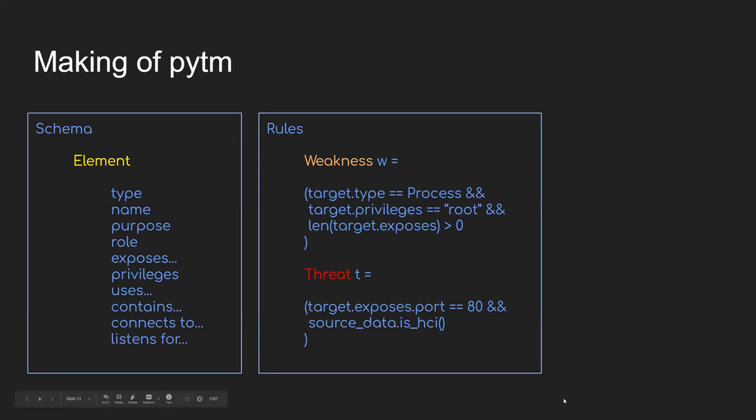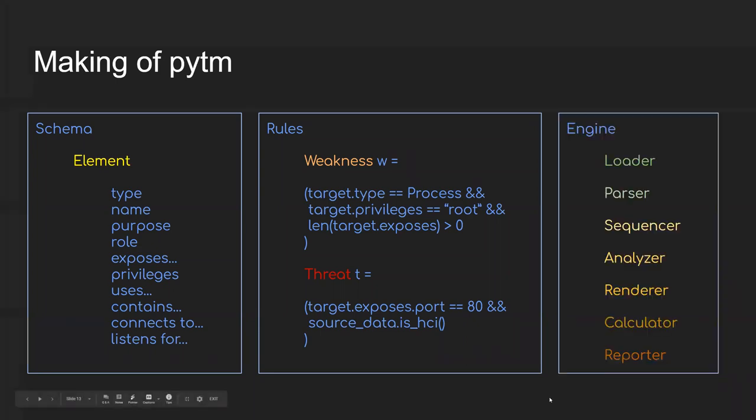And then lastly, you're going to have some sort of engine, some sort of functionality that allows you to load in this model information, parse it correctly, put it in some sequence that makes sense, do analysis over that sequence, and then render output. In particular, you may render graphical information as well as threat information.